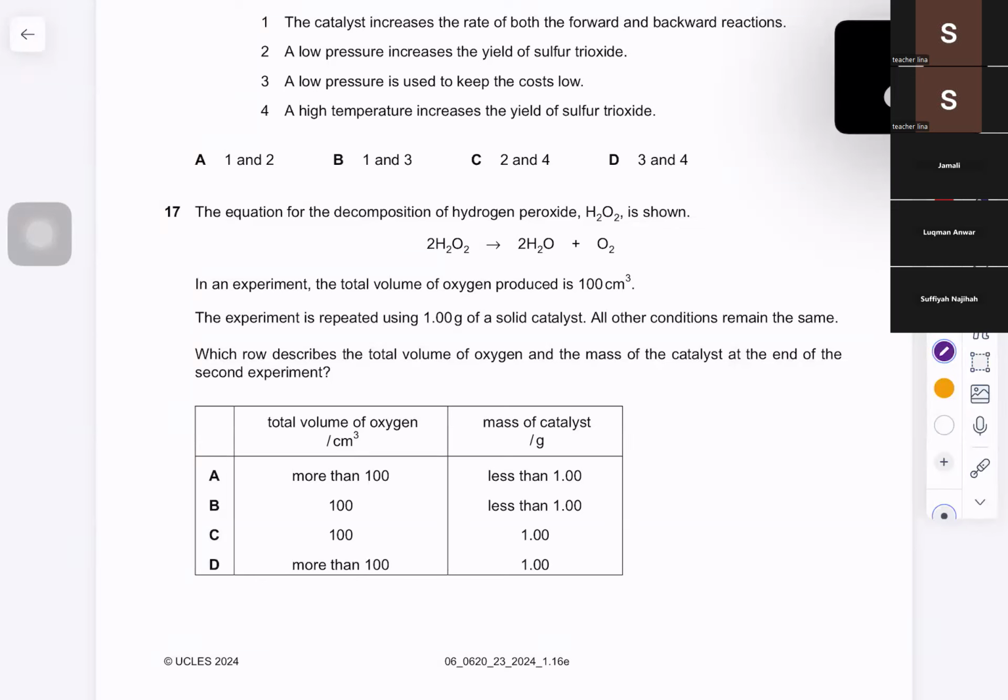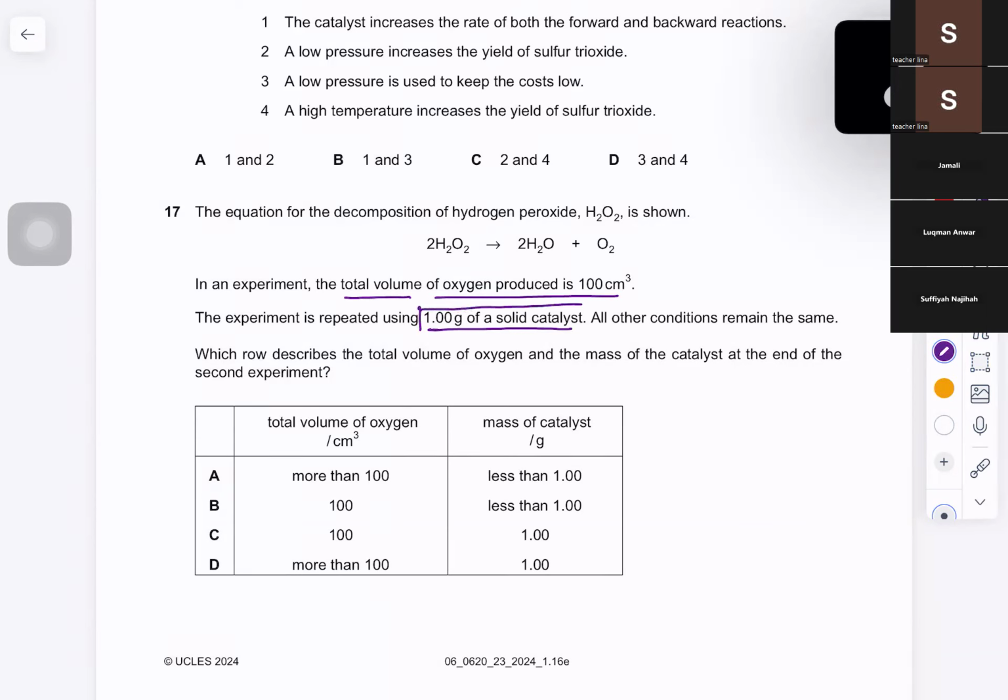Okay. An experiment, the total volume of oxygen produced is 100. The experiment is repeated using 1 gram of the solid catalyst. All the other conditions remain the same. And then we should describe the result. Okay, first thing.